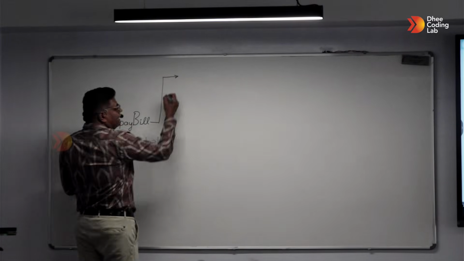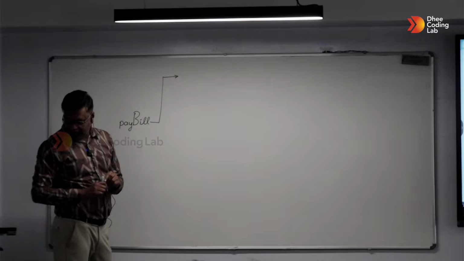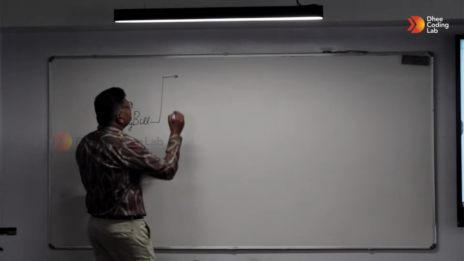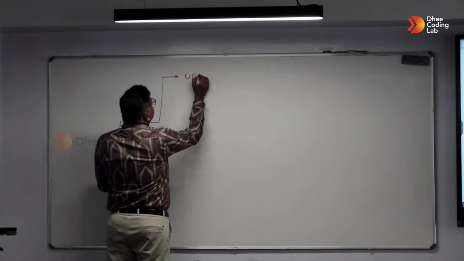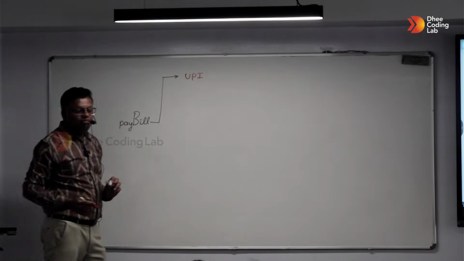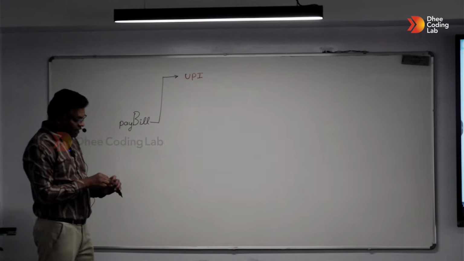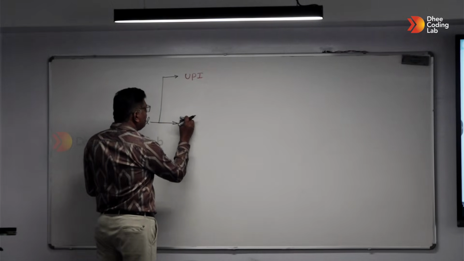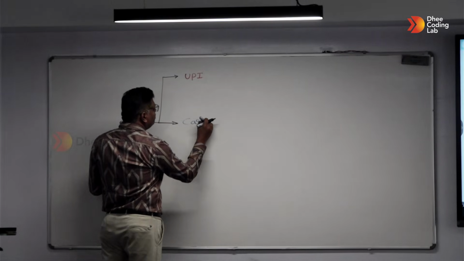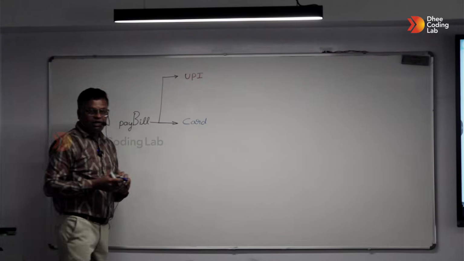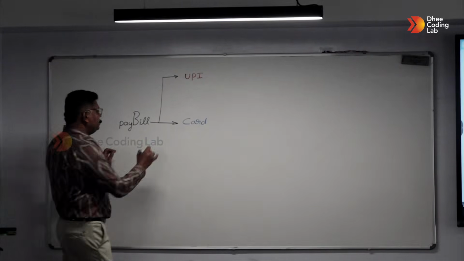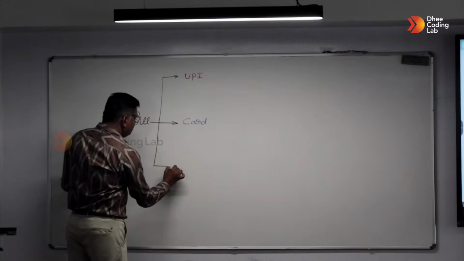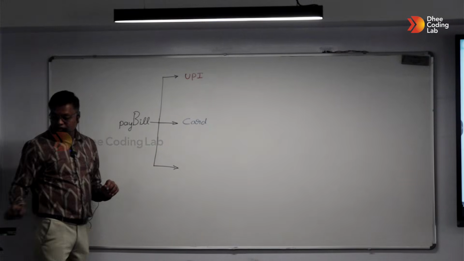Sometimes I pay the bill by using UPI. Sometimes you pay the bill by using your card, maybe credit card or debit card, does not matter, it's a card. Sometimes I pay the bill by using internet banking or net banking.